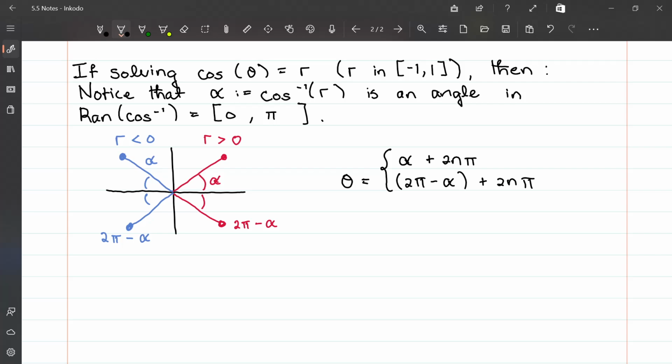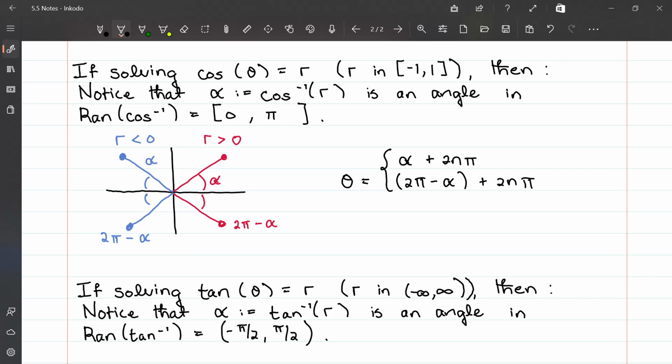So, whereas when we were working with sine of theta equals r, we had a first line of alpha plus 2n pi and a second line of pi minus alpha plus 2n pi, this time, because the symmetry has changed, we also change the second line to reflect that symmetry. We have to do that to make sure that we're following the behavior of the trig function. We're going to see another change kind of like this for tangent as well, and tangent is going to be probably the most strange of these three that we've seen so far.